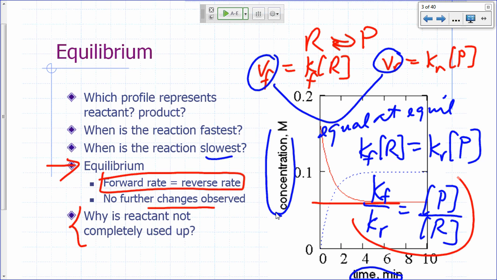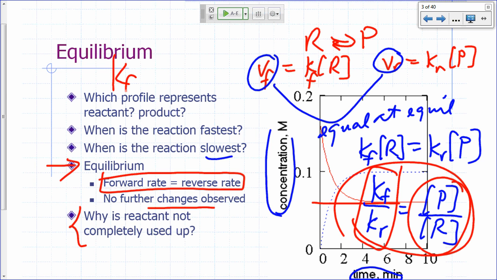So what would be the conditions that would lead to a predominance of product at equilibrium? If we want a lot of products at equilibrium, how would the Kf and the Kr be related? If you want this ratio to be really big, that means if Kf is much, much larger than Kr, then your reaction is essentially complete.